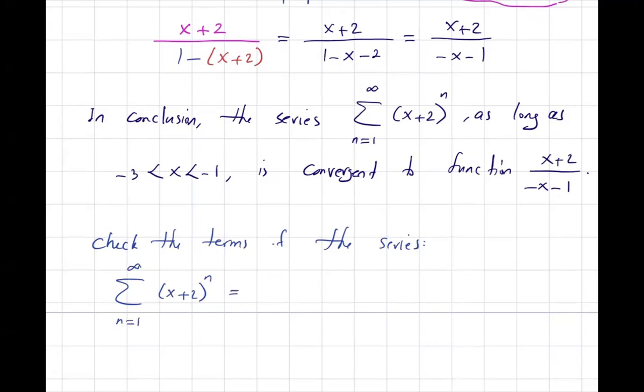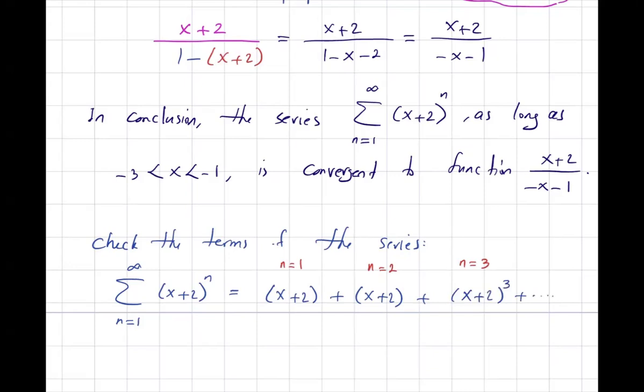So if I plug in 1 for n, when n is equal to 1, what do I get? I get x plus 2. Plus, when n is equal to 2, I get (x + 2) to the power 2. Plus, when n is equal to 3, what do I get? I get (x + 2) to the power 3 plus the rest of the terms, right?